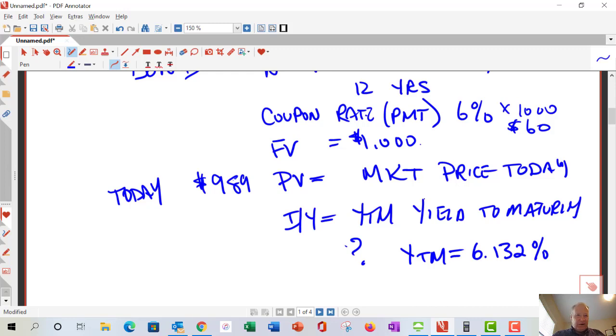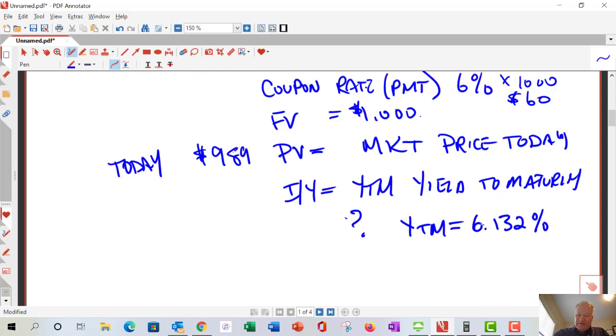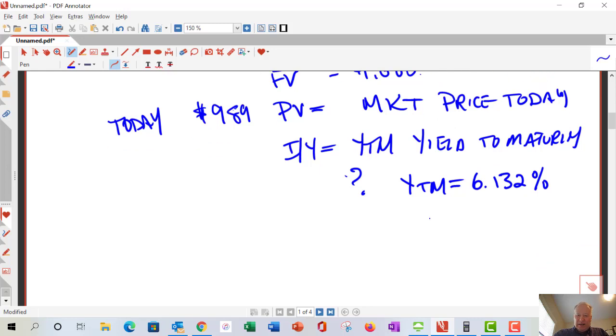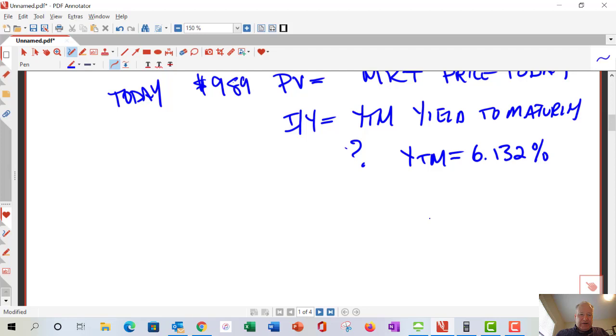So you have to be given one of those two items to find the other one, of course. But generally, in the textbook, if you've got any four, you can find the fifth one. But typically, that's what you're looking for. All right, so we'll look at another example here with a bond, just finding the price of a bond.